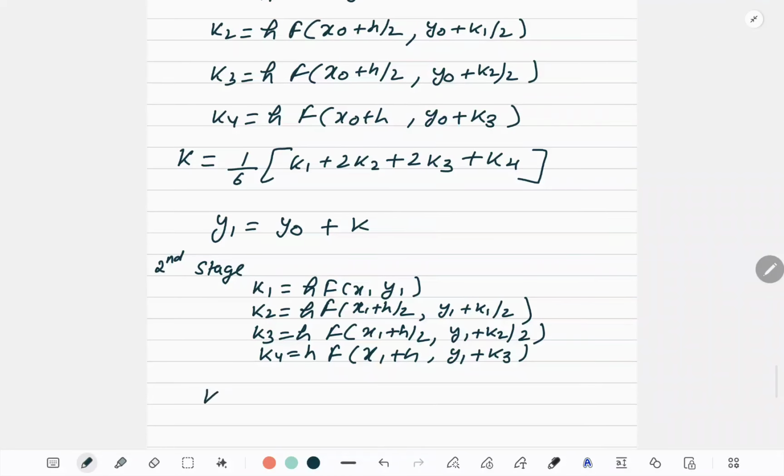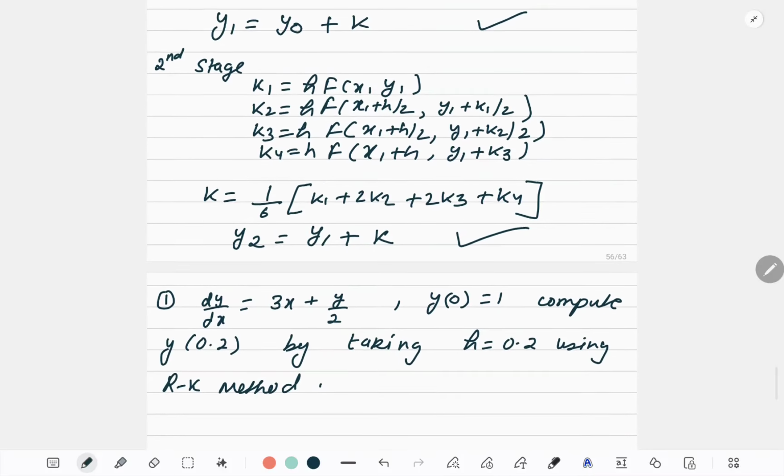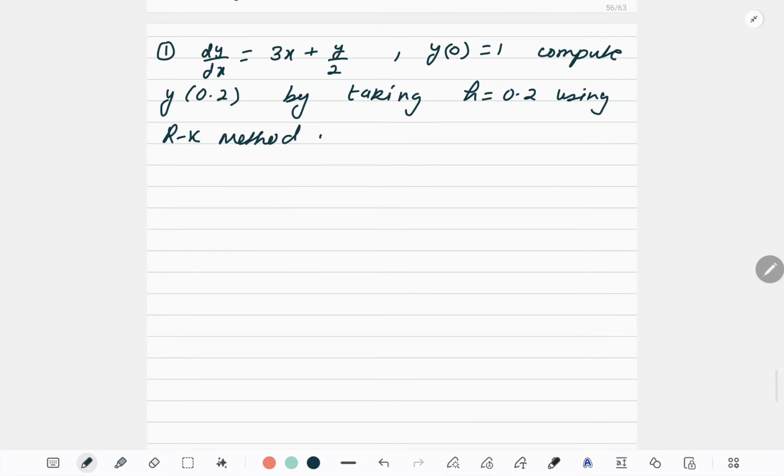And then k will be equal to 1 by 6 (k1 plus 2k2 plus 2k3 plus k4). And then the y2 value will be equal to y1 plus k. So this will give me the answer at the first stage and this will give me the answer at the second stage.